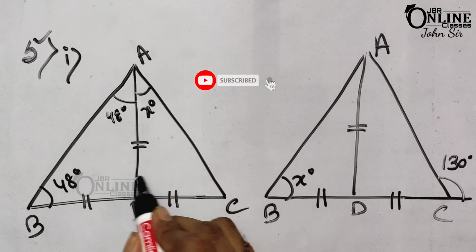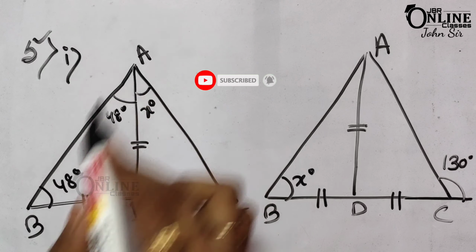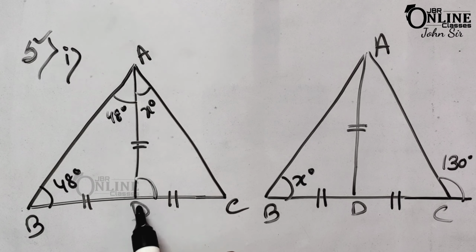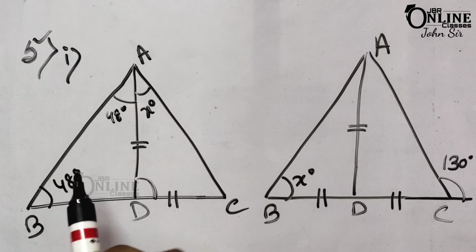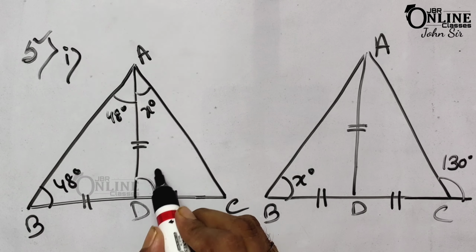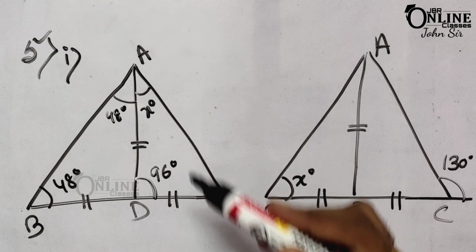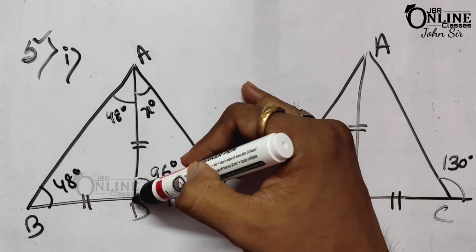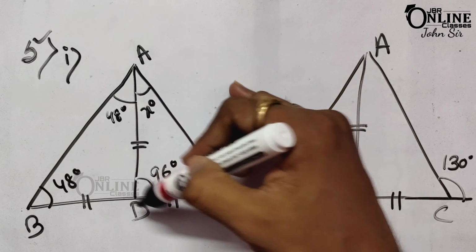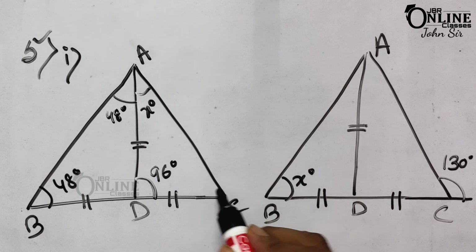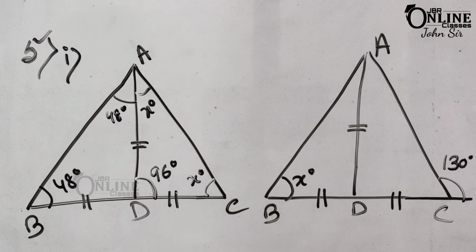And the exterior angle of triangle ABD, the exterior angle here, angle ADC, is equal to the addition of these two, that means this one equals 96 degrees. It's clear. So here in triangle ADC, if these two sides are equal, and this one equals x degrees, this one also equals x degrees.